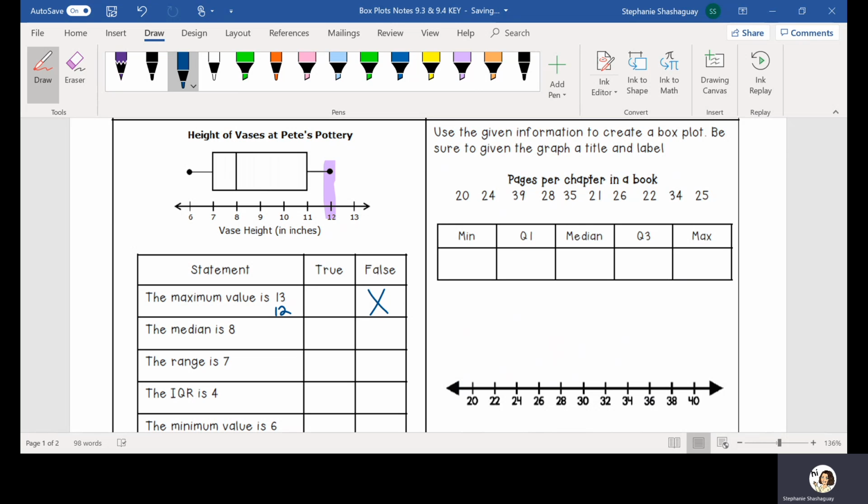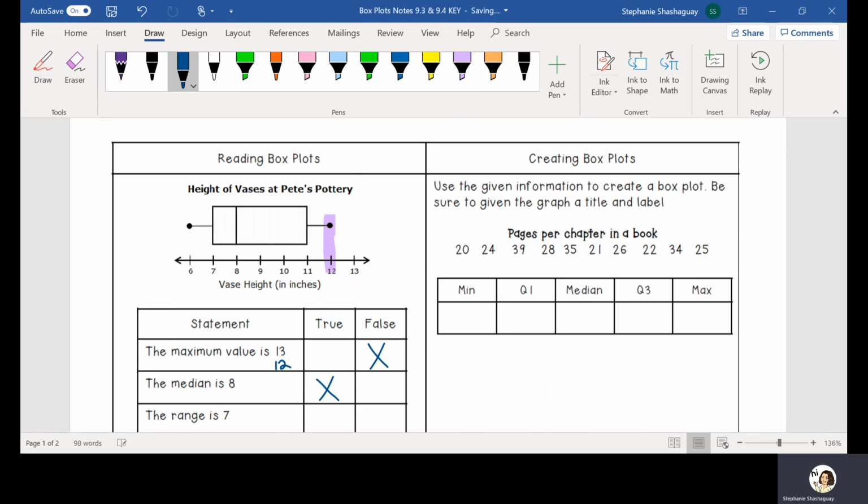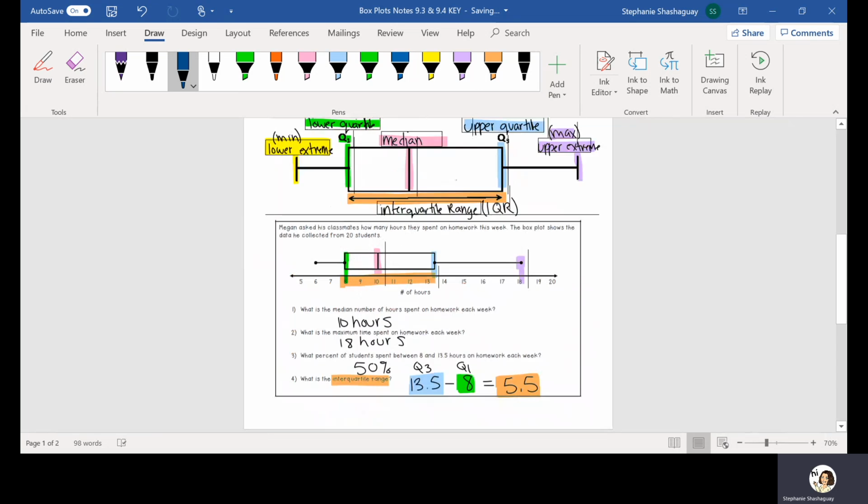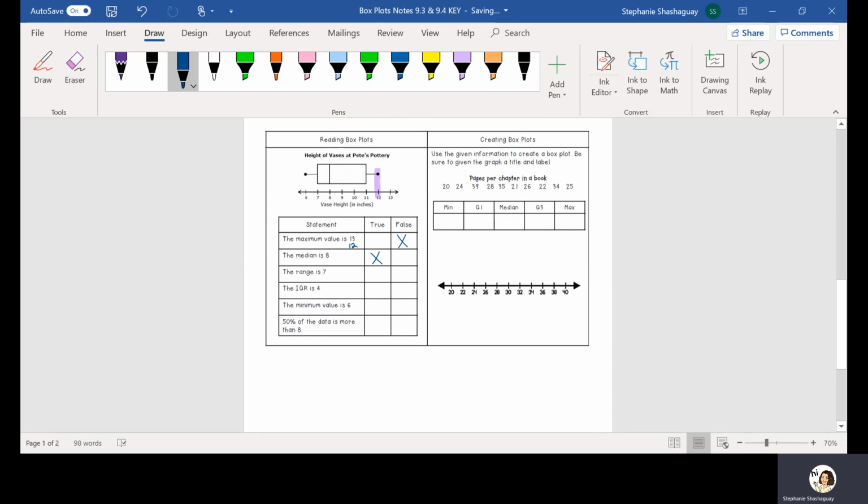The median is 8. Well, the median is in fact 8 here, so that is true. And if I want to highlight it the same color as before, my median was pink. So here's my median, and yes, my median is 8.